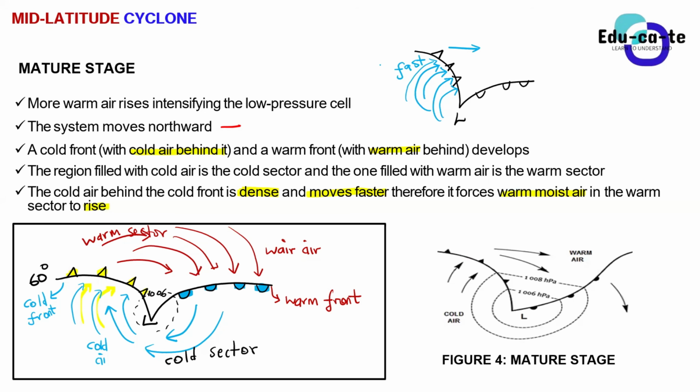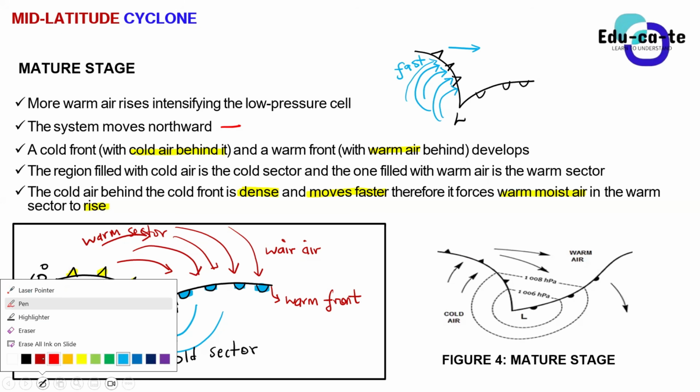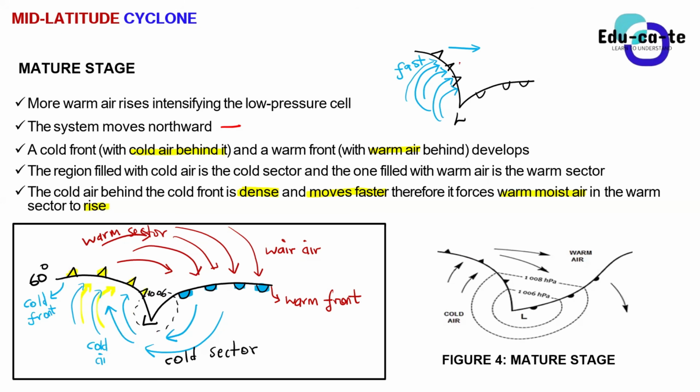Okay, so the cold air behind this cold front is moving so fast, quick, right? And it is pushing this cold front. And then the warm air here is not moving so fast. The warm air that is found in the warm sector is not moving so fast. So basically, we know that warm air always rises.